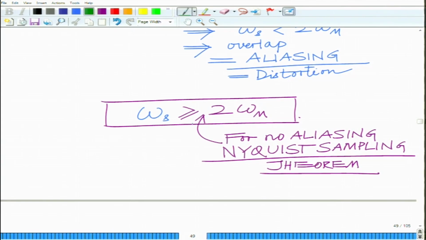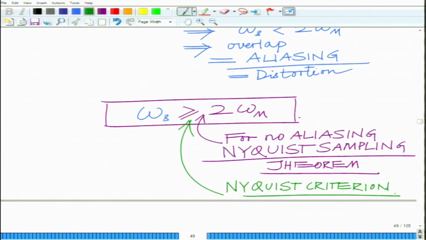This is termed as the Nyquist sampling theorem or the Nyquist criterion. So, for no spectral distortion, we need to have the sampling frequency greater than or equal to twice the maximum frequency of the signal.